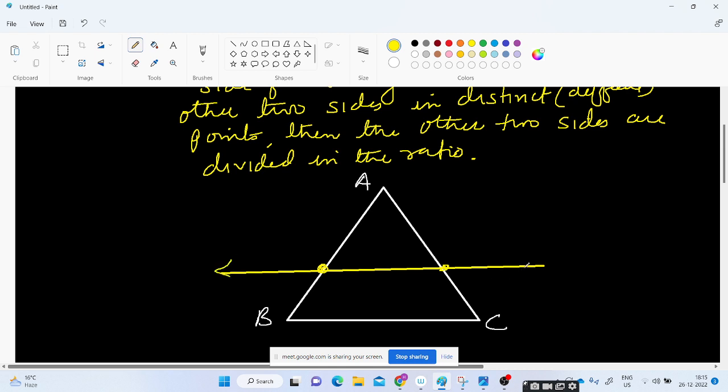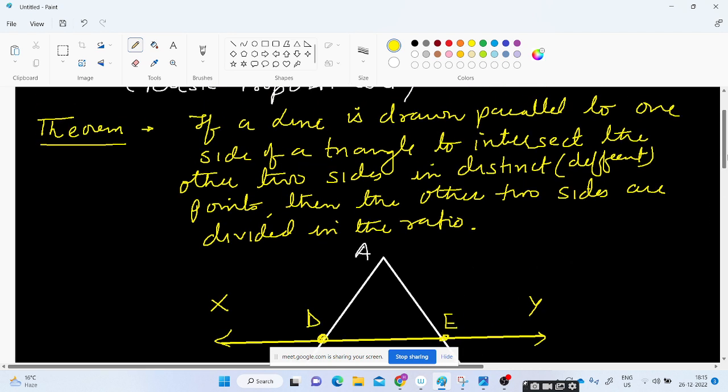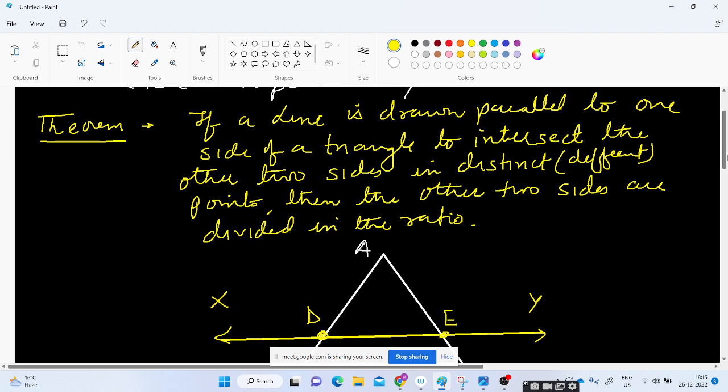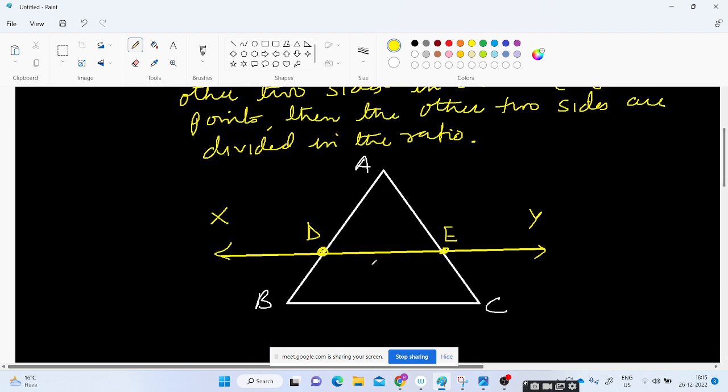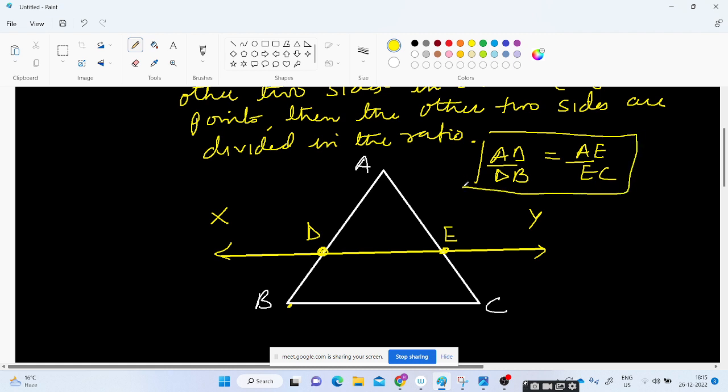This line is named XY. It intersects here at D and E. Now what they are saying: if a line is drawn parallel to one side of a triangle to intersect the other two sides, this line is parallel to side BC, so the other two sides are AB and AC, intersected at D and E. Then the other two sides are in the same ratio. It means AD upon DB and AE upon EC are the same ratio. This is the understanding of this theorem.